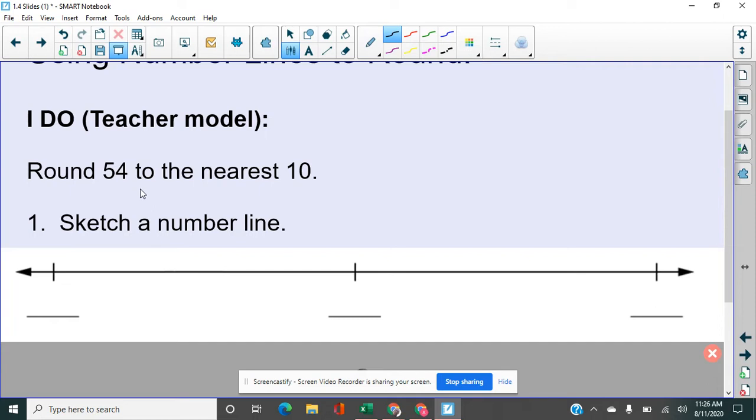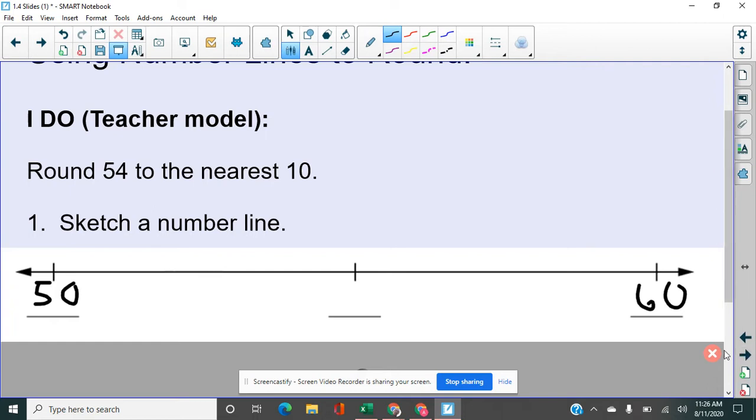Well, 54 would be in between 50 and 60. So I'm going to put 50 right here and 60 over here.